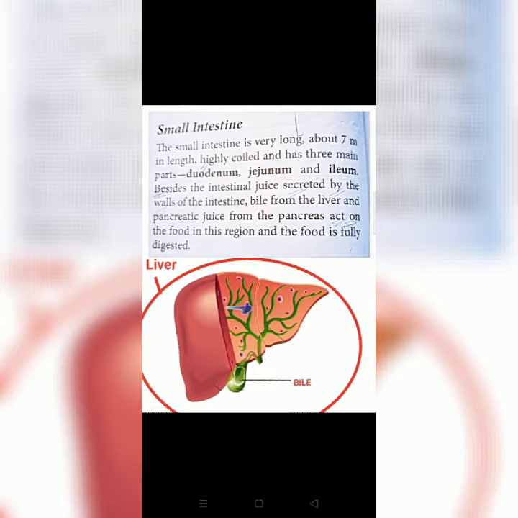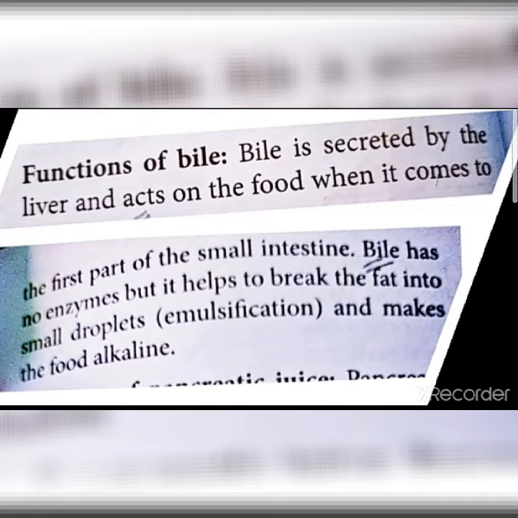So let's read about the function of the bile. Functions of bile. Bile is secreted by the liver and acts on the food when it comes to the first part of the small intestine. I've told you that whenever it's needed, it passes to the small intestine from the gallbladder. Bile has no enzymes, but it helps to break the fat into small droplets, emulsification, and makes the food alkaline.